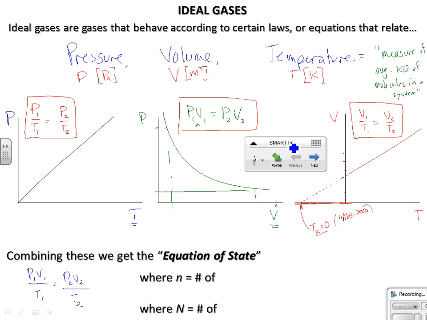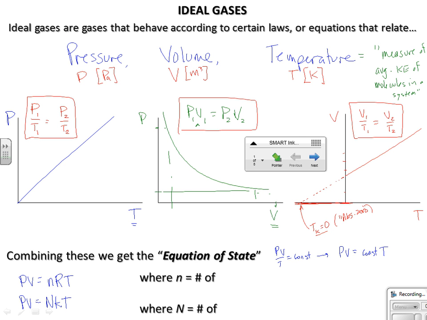If we say that PV over T is a constant, then PV is a constant times T. I'm going to write it over here. Keep this combined gas law; you'll use that. But we also get what's called the equation of state, which is that PV equals nRT, or PV equals NkT.